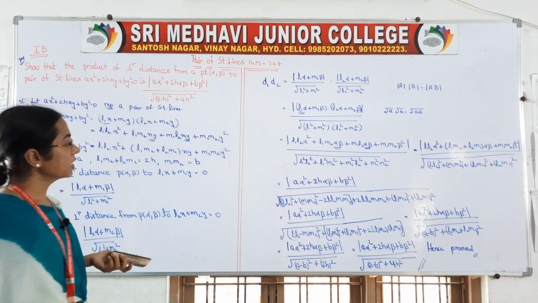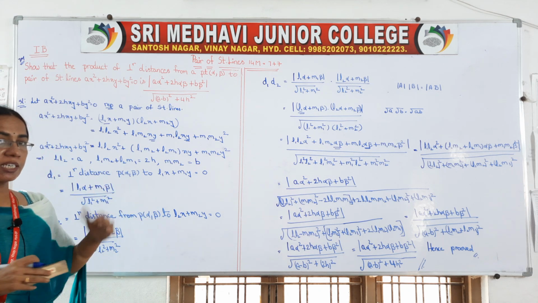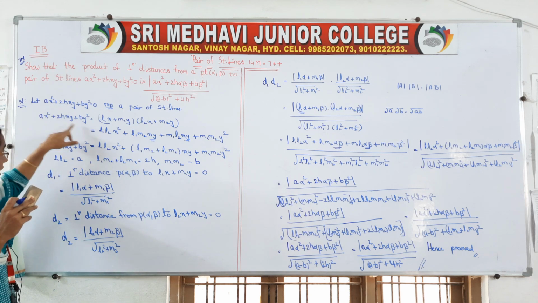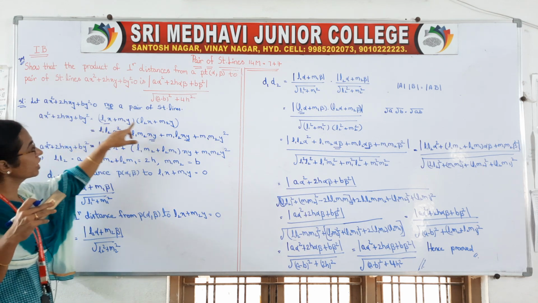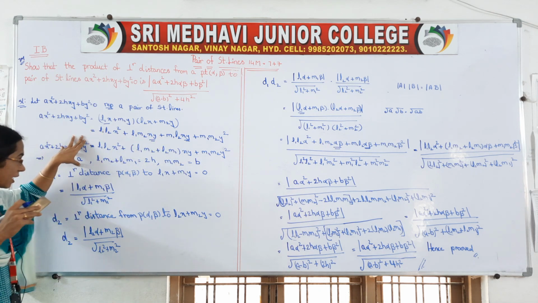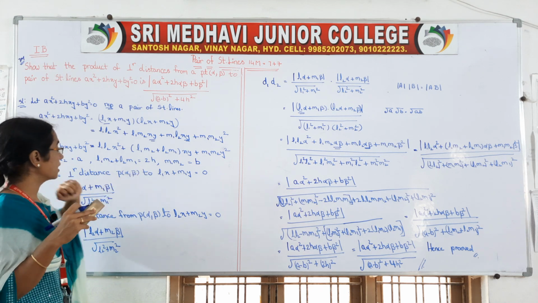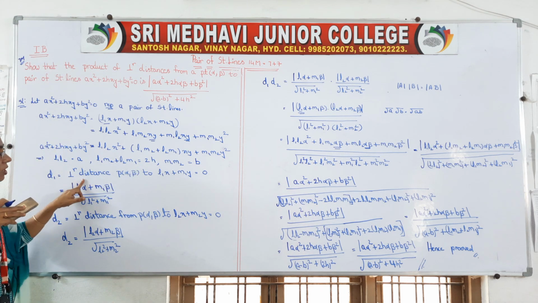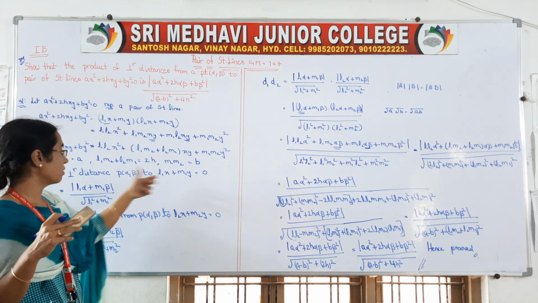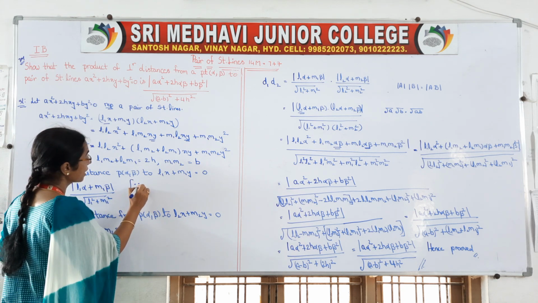So what is the procedure? Actually your previous theorem and this will be a little bit similar. Where it is similar: first we have taken the pair of lines as a combination of two lines, right? After that we multiplied and compared to get our A, B, H values, right? Then D1 is the perpendicular distance from P alpha comma beta to L1x plus M1y equal to 0, right? Which formula did we apply here?